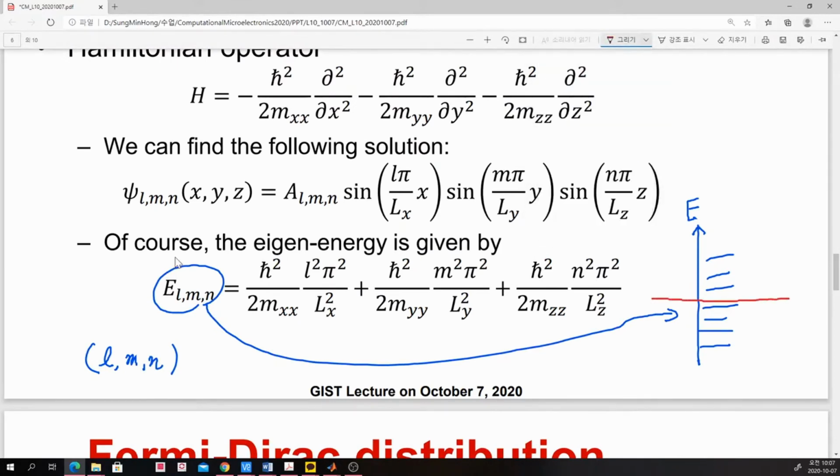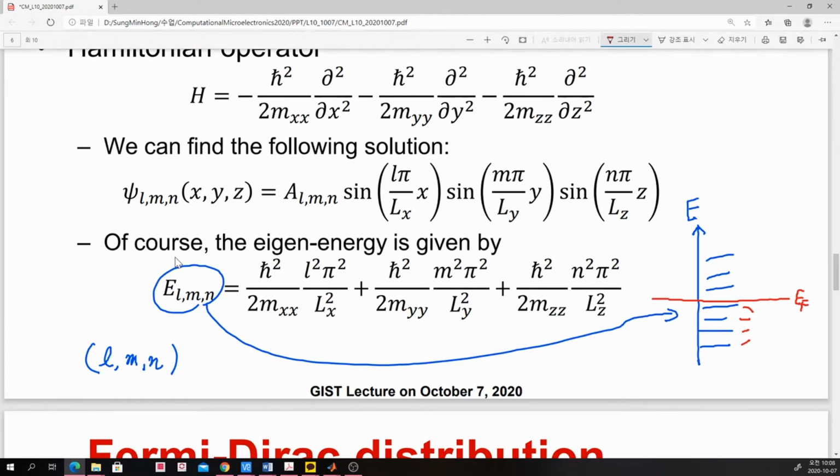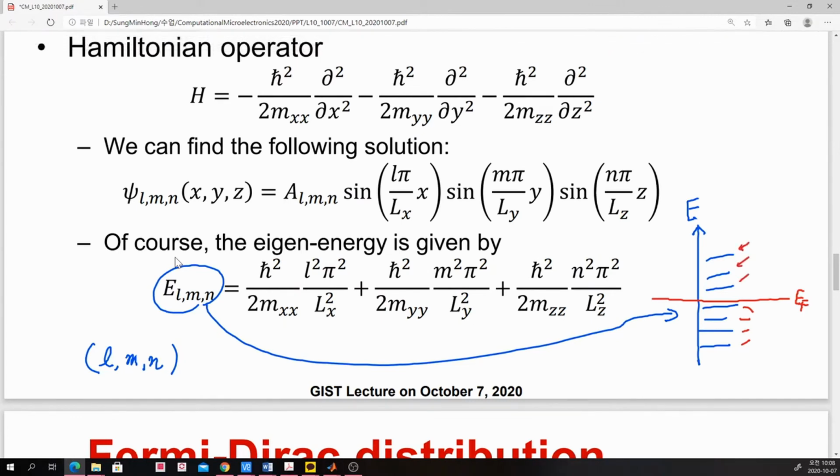For example, let's assume this is your system and your Fermi level is given here. Then at 0 Kelvin, how many states are occupied? You can easily say 1, 2, 3, 4. Four of them are fully occupied, and the other three are not occupied.